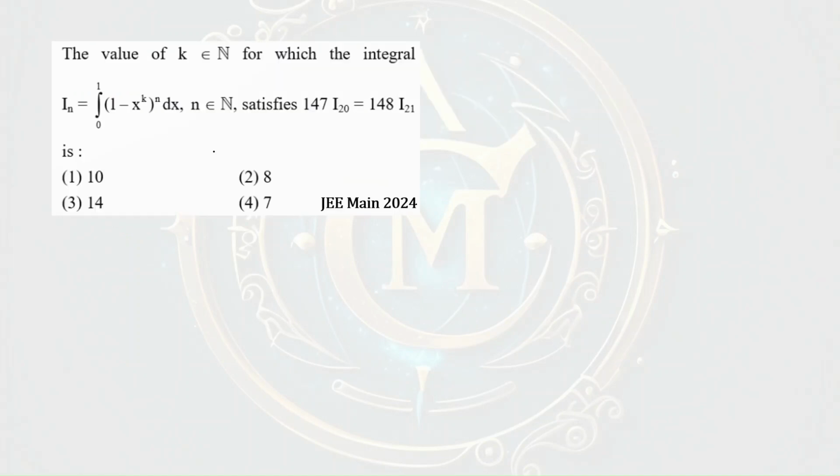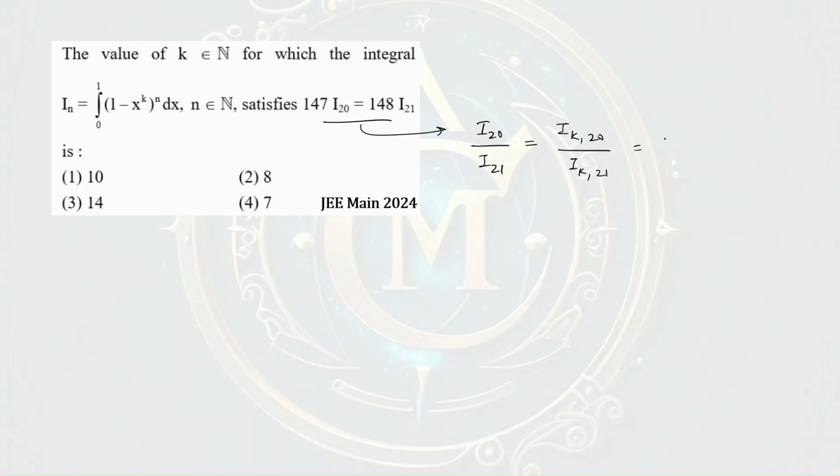You can see how easily we handle such type of questions. Now here is a direct question again in JEE Main 2024. The value of k, which belongs to the set of natural numbers, for which the integral satisfies this. So from here you can see again that I of 20 divided by I of 21 will be simply I of k comma 20 divided by I of k comma 21.